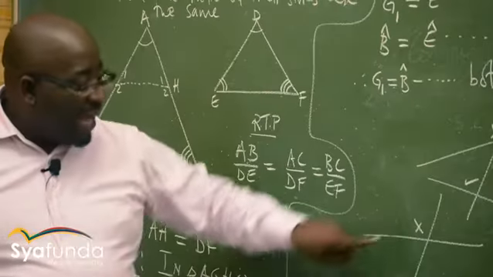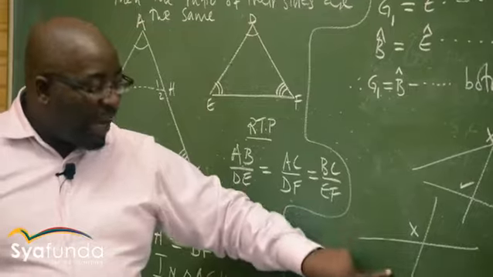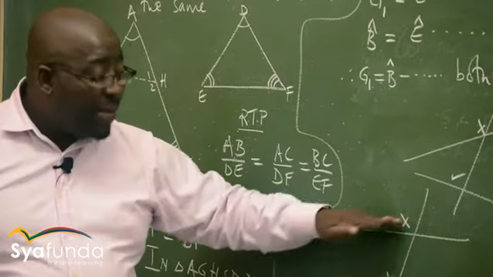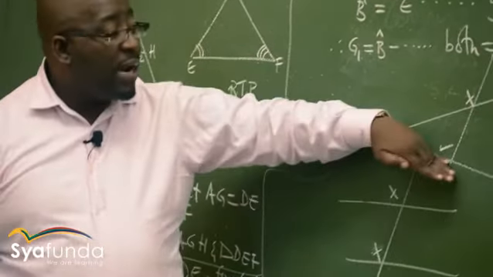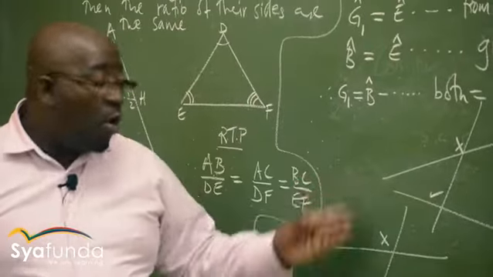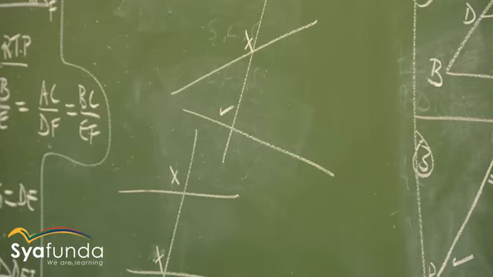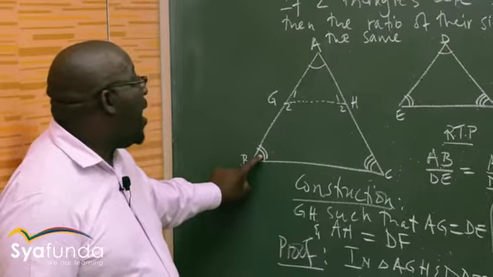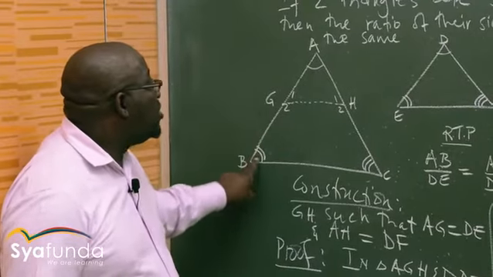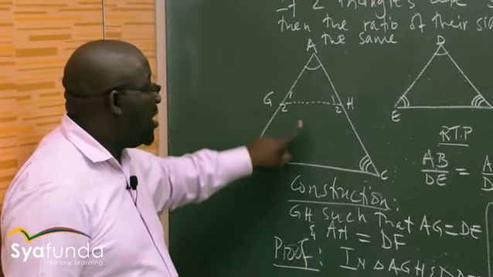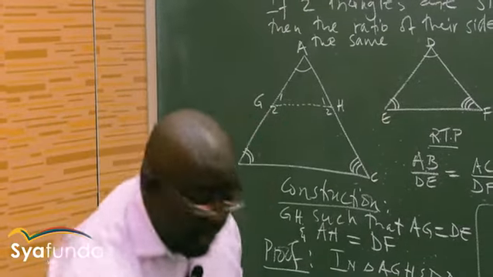So the thing ends at the angles being equal only if these two lines are parallel. If they are not parallel, these angles are not equal, even though all of them are corresponding angles. What is it that we are seeing here? These angles are equal. So what does it tell us about these two lines? It means that they are parallel.